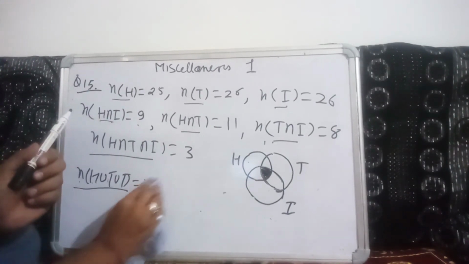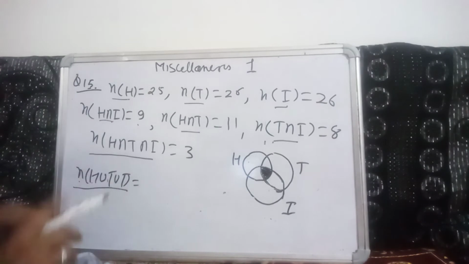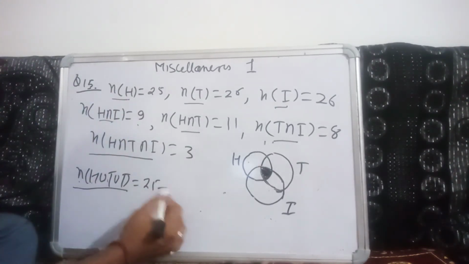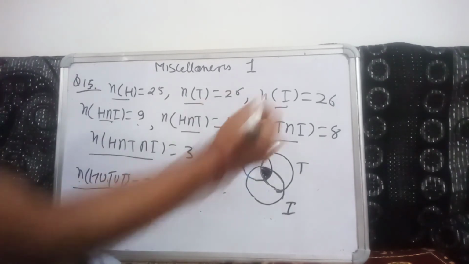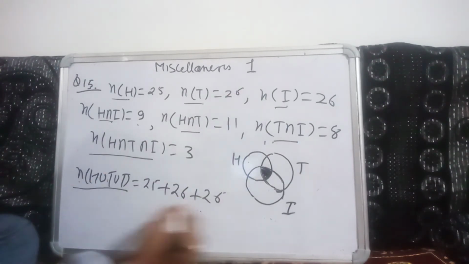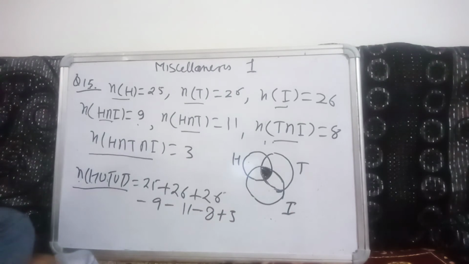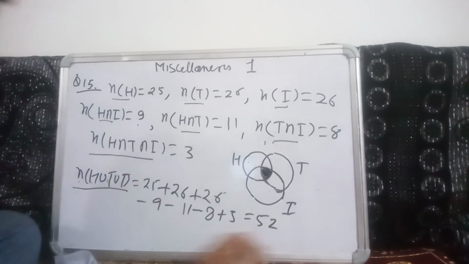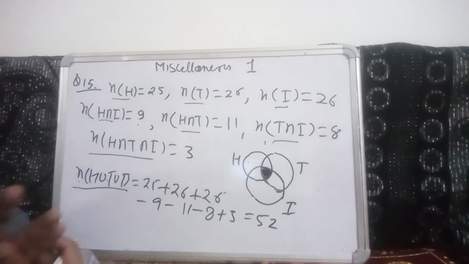So if you notice, all the values are written here. n(H) means 25, then this is 26, and this is again 26, minus their common 9 minus 11 minus 8 and plus 3. Add these and solve this. The answer will be 52. So there are 52 people who read at least one of the newspapers H or T or I.